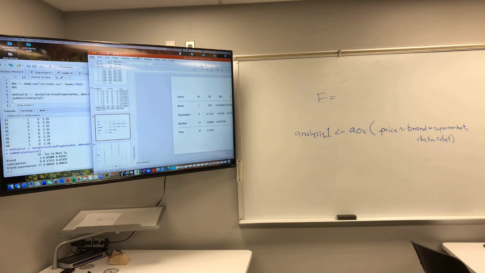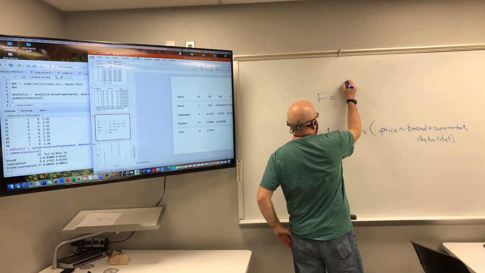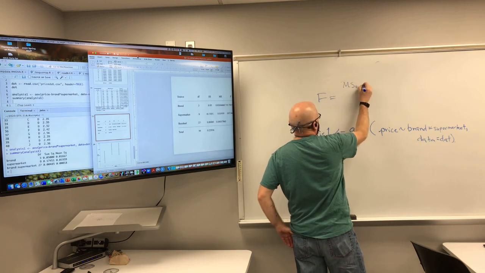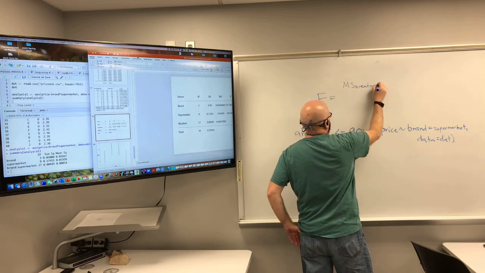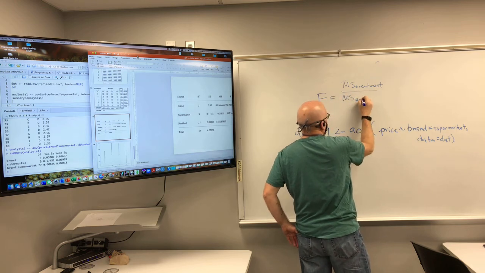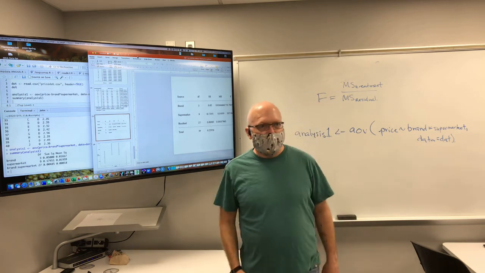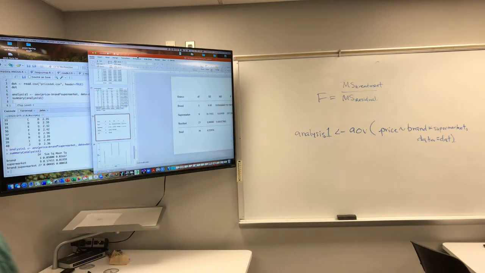What is F? F is the mean squared treatment divided by what? Mean squared residual. So what is your ANOVA table lacking? It's lacking a residual term.